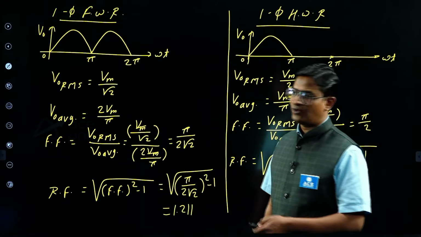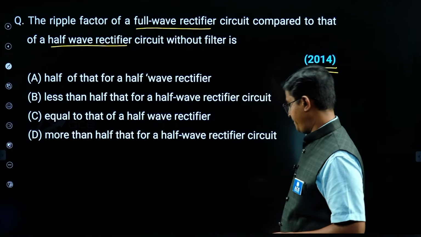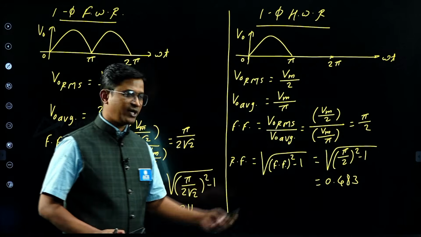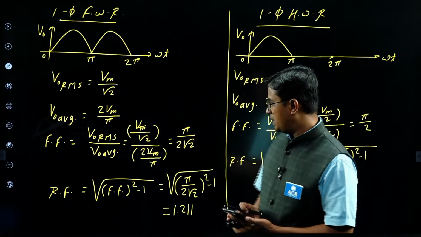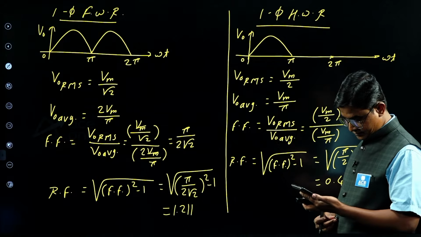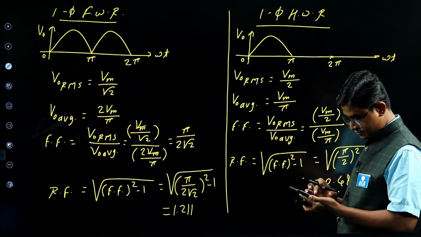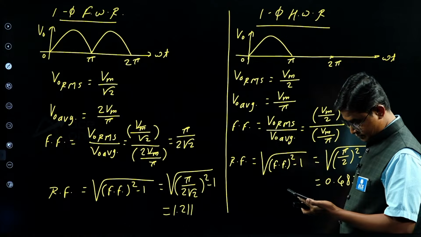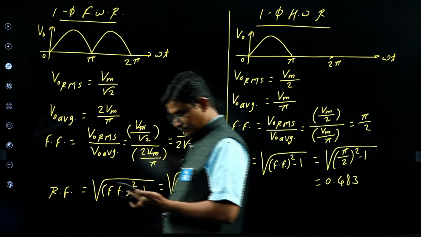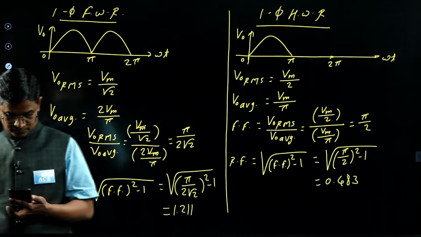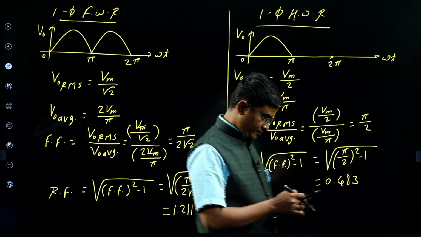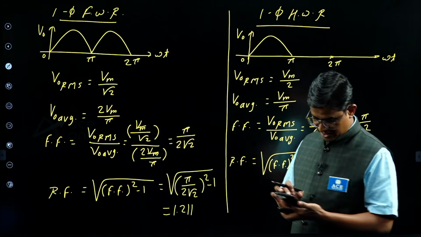And in case of full wave rectifier it is 1.211. Now compare these two and tell me the suitable option. For ripple factor of half wave rectifier, it is 0.483 and in full wave rectifier it is 1.211. So what is the correct answer?